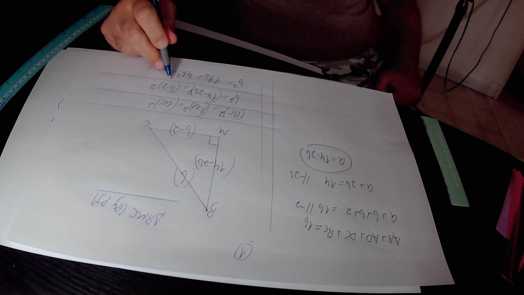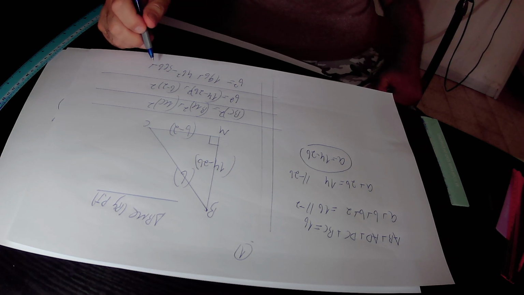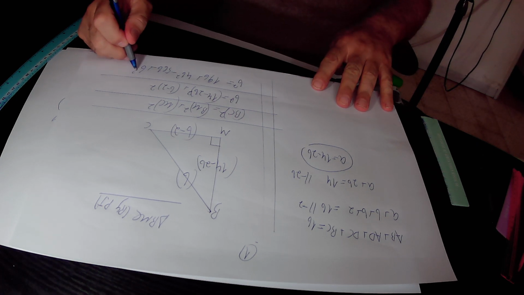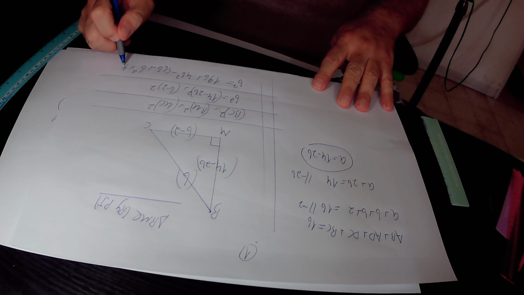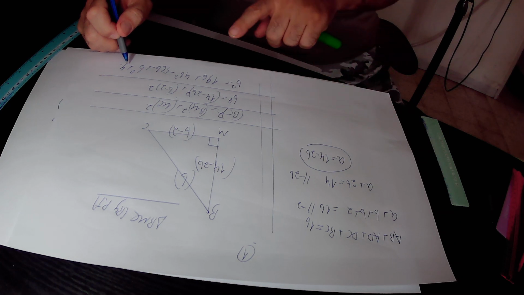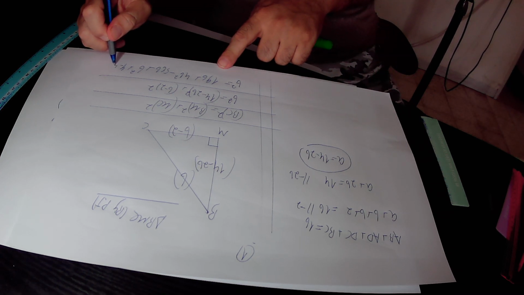And we have plus b minus 2 squared. B minus 2 squared equals b squared plus 2 squared, that is 4, minus 2 times b times 2, that is minus 4b.